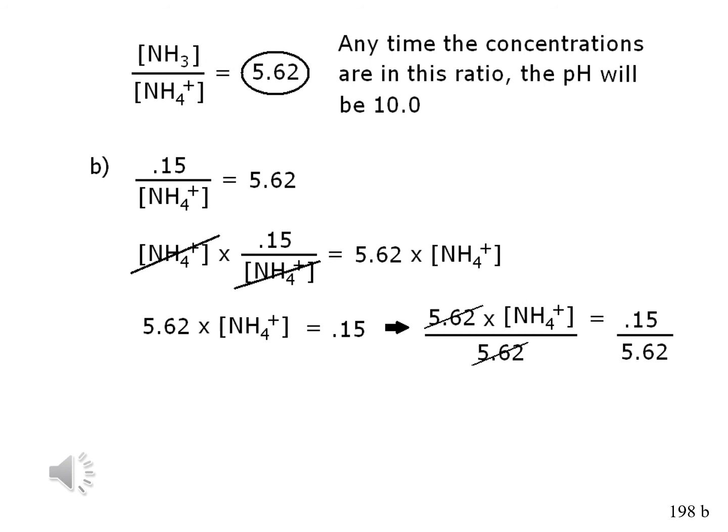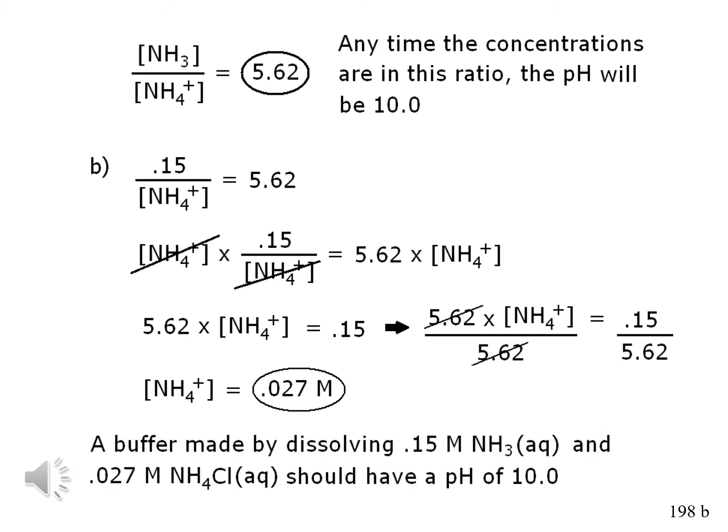No matter how you do this, as long as you get 0.15 divided by 5.62, that is the correct answer. So that means you want to use 0.027 molar of ammonium. And the idea is that if you mix 0.15 ammonia and 0.027 ammonium chloride, you should get a pH of 10.